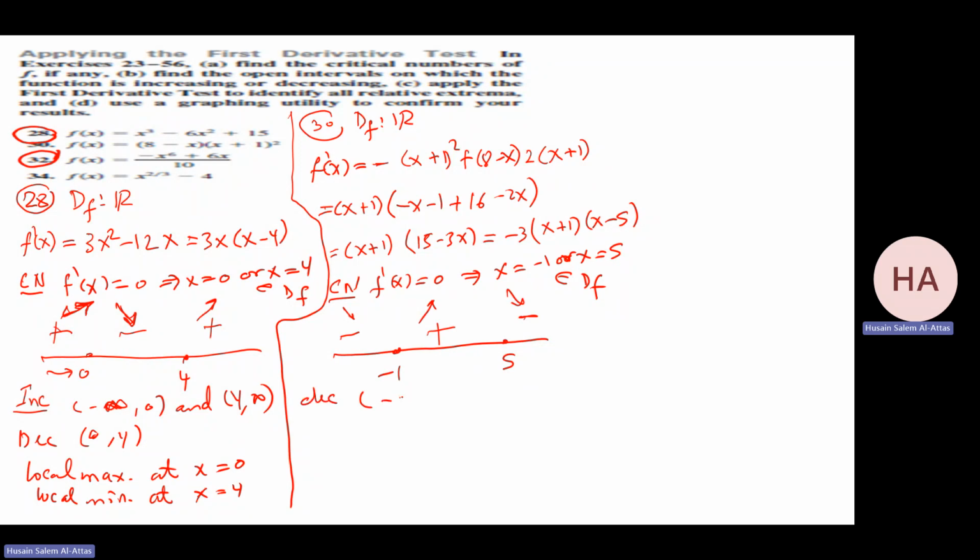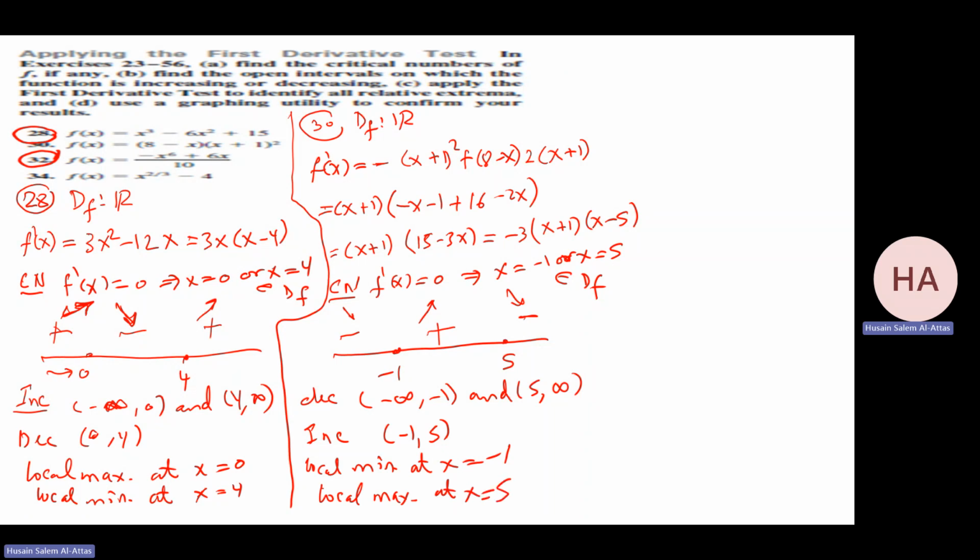So it's decreasing from minus infinity to minus 1 and 5 to infinity, and increasing from minus 1 to 5. And they have local minimum at x equals minus 1 and local max at x equals 5. Okay, let me go to the next one.